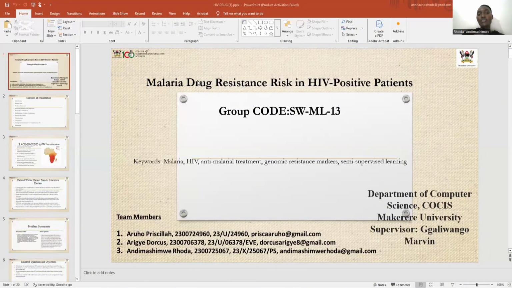This becomes a very high risk in HIV patients since their immunity is already compromised. What we're trying to do here is predict if this particular HIV patient or the region they are in, if the anti-malaria drugs will become resistant to them.